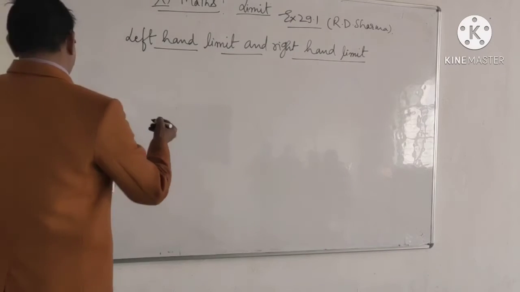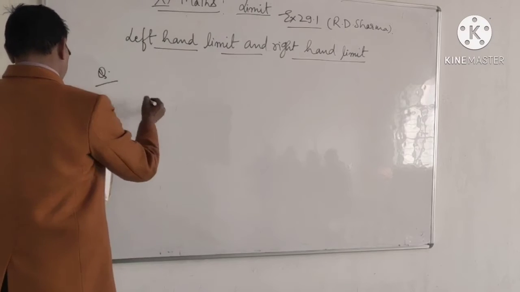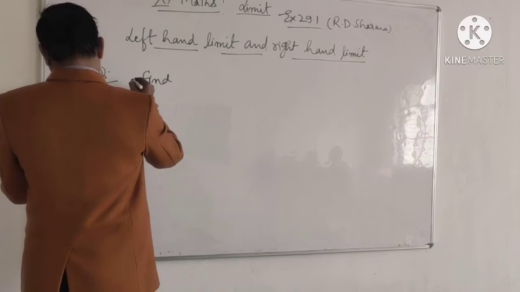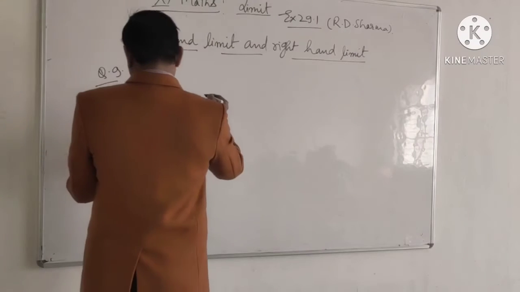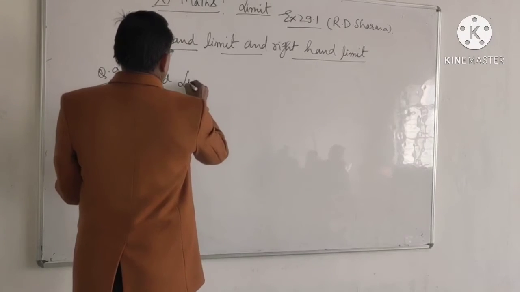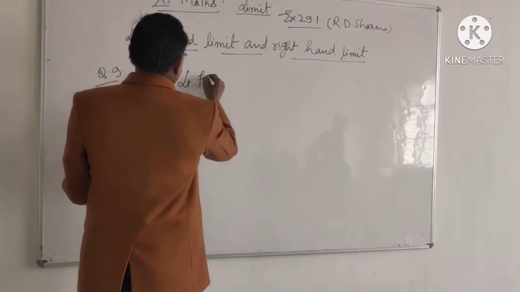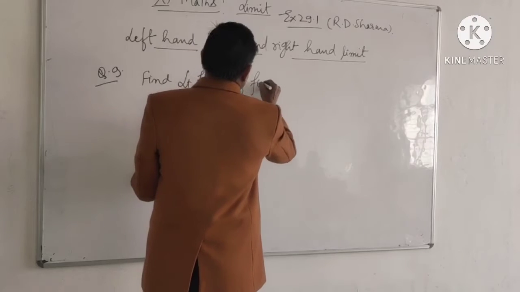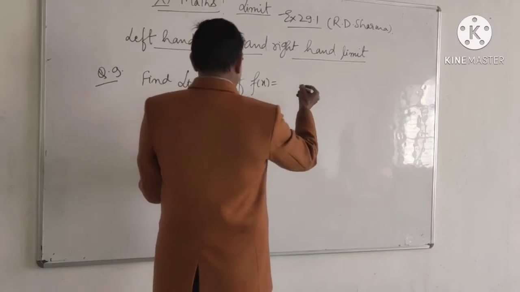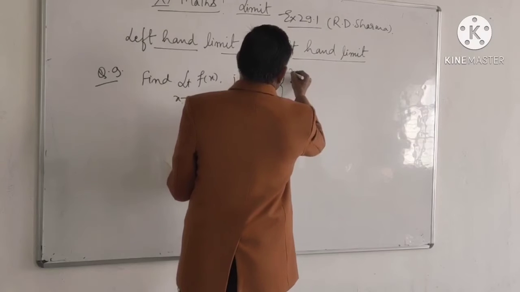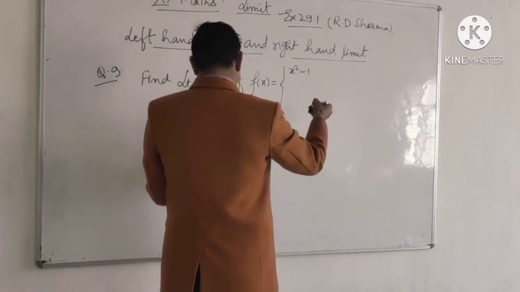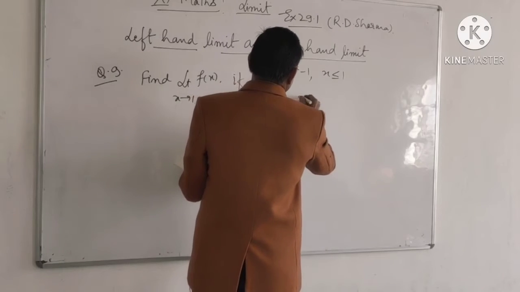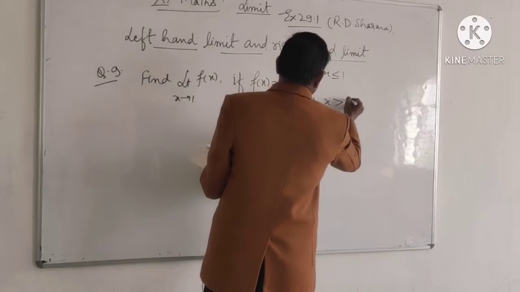Now another question. It is question 9. Find limit x tends to 1 of f(x), if f(x) equal to x square minus 1 when x is less than or equal to 1, and it is minus x square minus 1 when x is greater than 1.